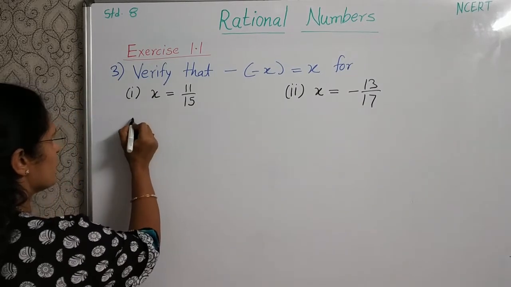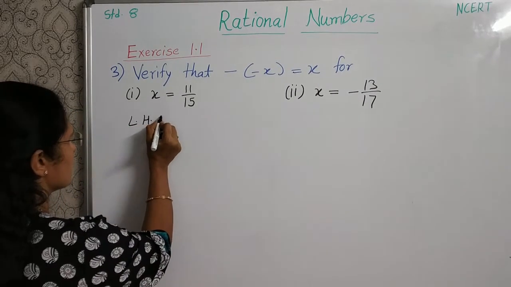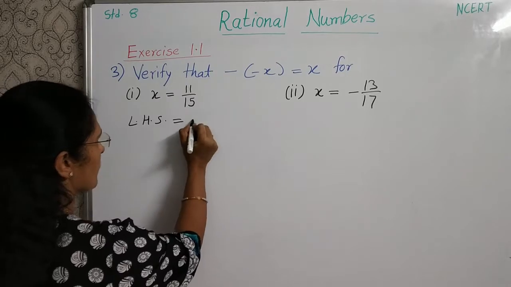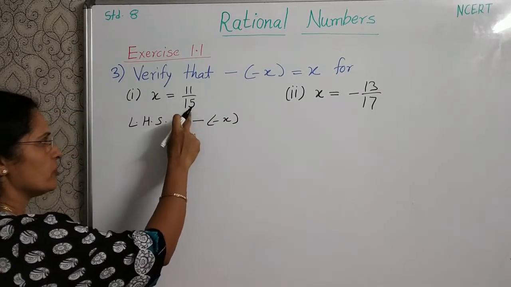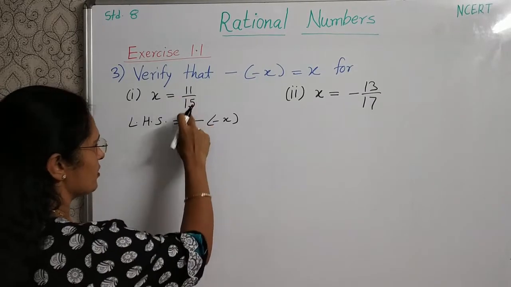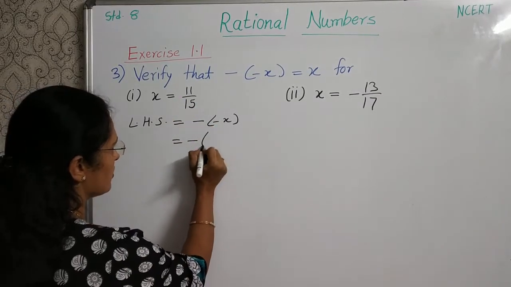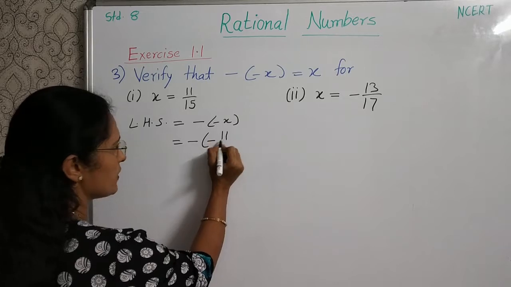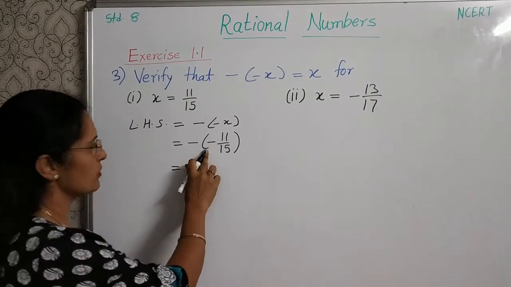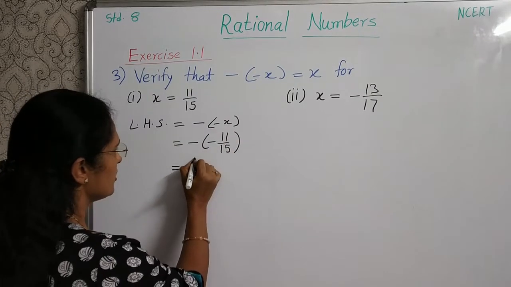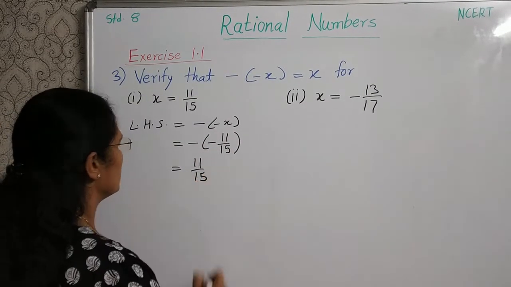verified. So first, left hand side LHS is equal to minus of minus x, and just put the value of x, which is 11 by 15 here. So minus, for this x we will write 11 by 15, and minus minus becomes plus, so positive 11 by 15.